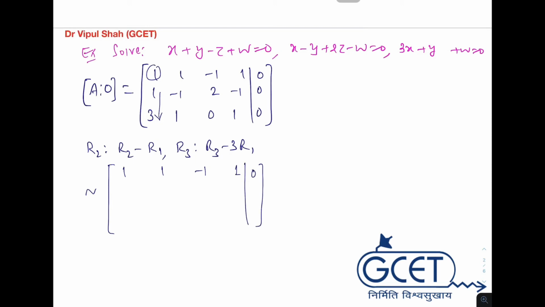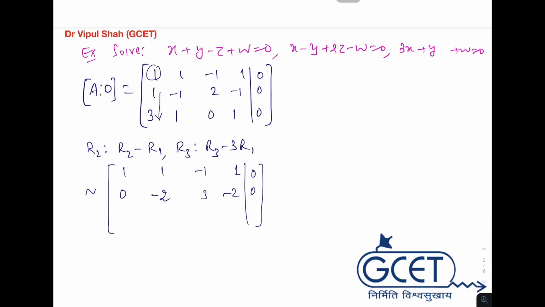Now this is R2 minus R1, so this is 0, then this is minus 2, minus 1 minus 1, then this is 2 plus 1, so that is 3, then minus 1, so that is minus 2, 0.